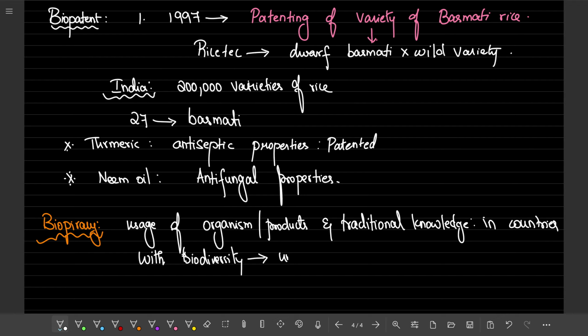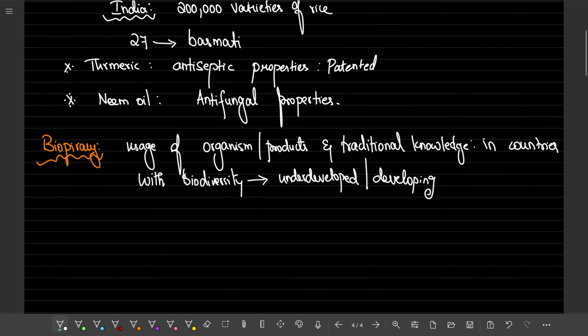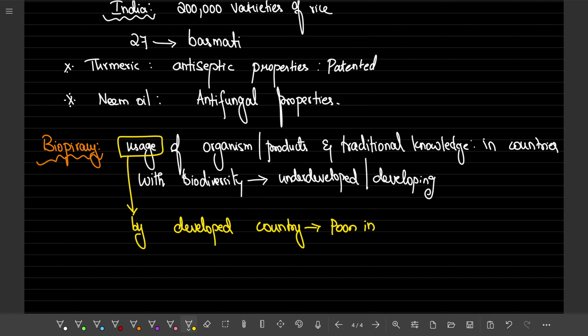So in countries with what? Vast biodiversity, but they are financially poor, which means they are either underdeveloped or developing. And this is used by whom? By a well-developed country, but it is poor in what? Biodiversity.